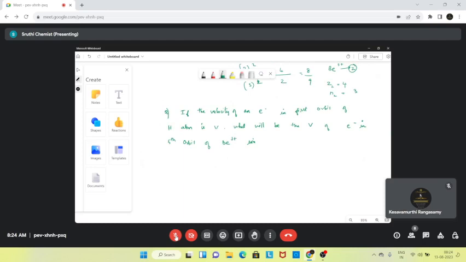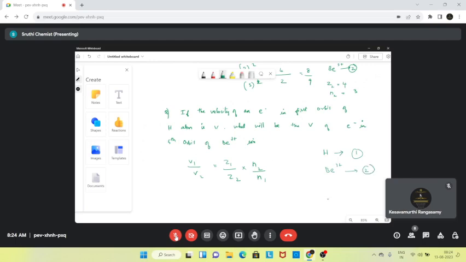So what's the formula? It's v1 by v2 is equal to z1 divided by z2, into n2 divided by n1. Let's take hydrogen as the first one, v1, and beryllium 3 plus as the second one.